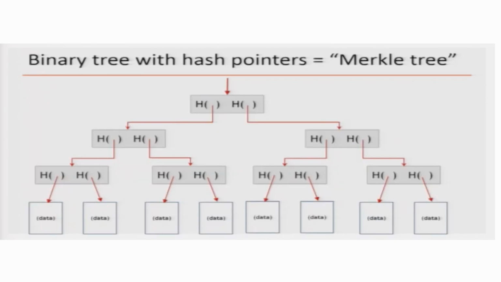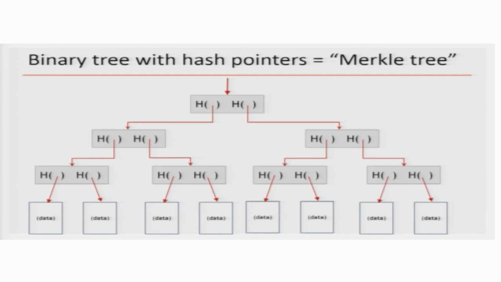Now, hash pointers are also useful like any pointer. When you probably did C++ programming, you used pointers to create binary trees and various kinds of trees. So, here also we can create various kinds of data structures. One data structure that is most common, and there is a lot of optimization done now on it, but for now let us assume that it is as simple as this, which is called a Merkle tree.